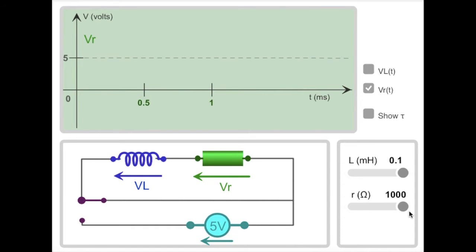If I flip these the other way, high resistance, low inductance, and we flip the switch, notice it jumps up with barely any change from instantaneous. You have a low inductance, you really don't change that rate very quickly.